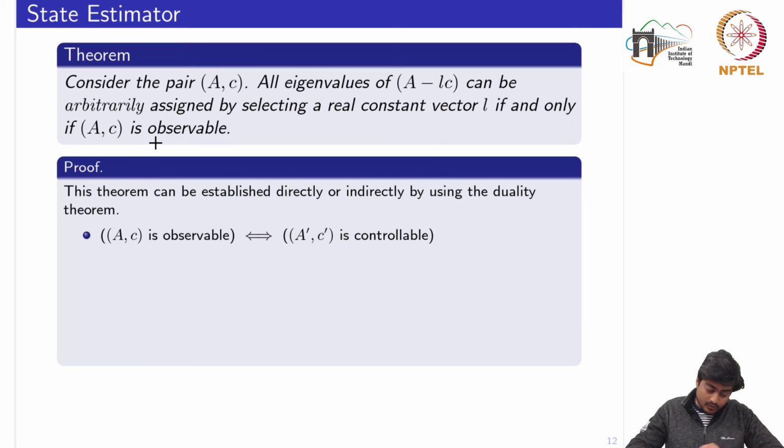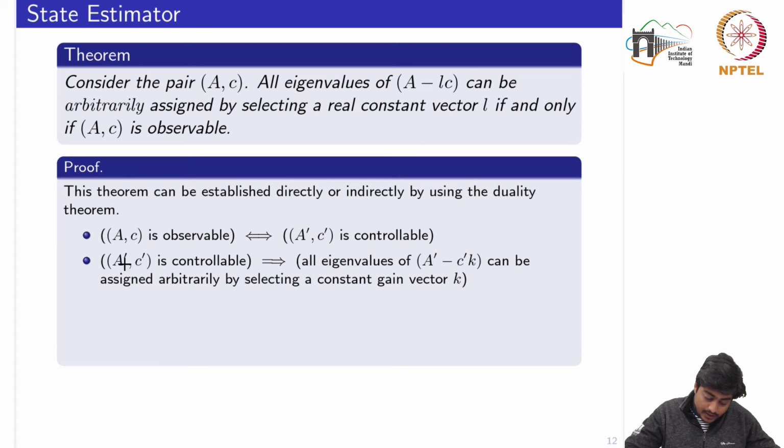We can see a quick proof that this theorem can be established directly or indirectly by using the duality theorem, which we introduced last week, in the 7th week. If this pair is observable, then we know that the observability of the pair A comma C is equivalent to saying that the pair A transpose comma C transpose is controllable.